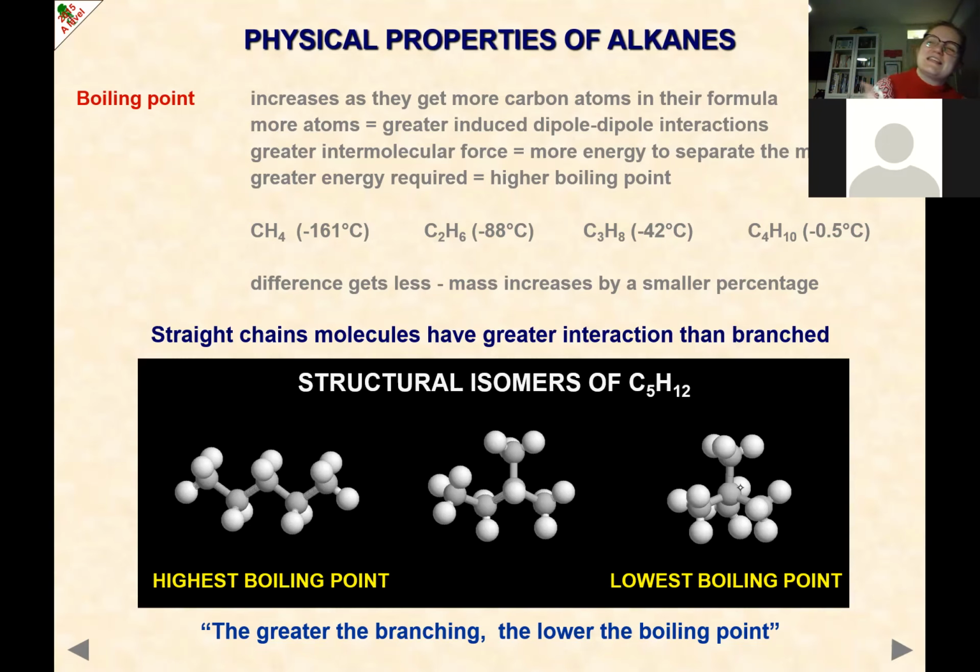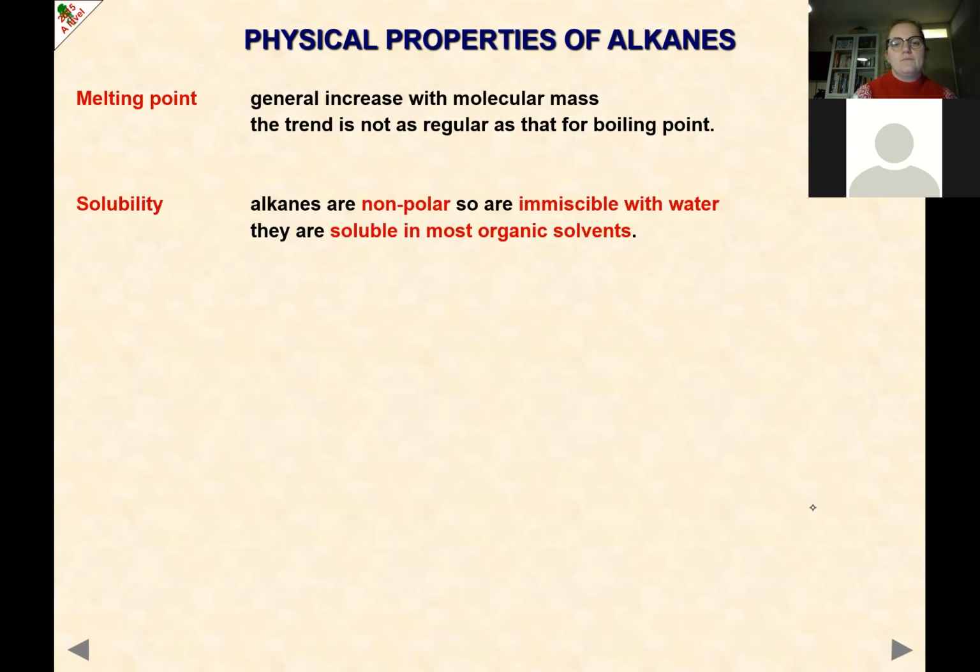So less energy is required to break those bonds. The branches are the first things that will get broken off, and then you've got a smaller unbranched chain. So C5H12, if you have it as a long unbranched straight chain, has a higher boiling point than the most branched chain of it you could get.